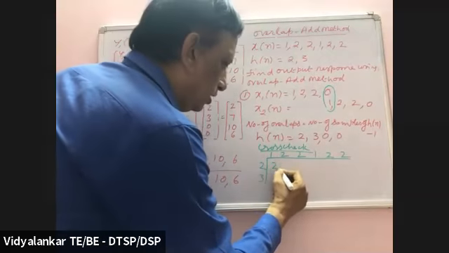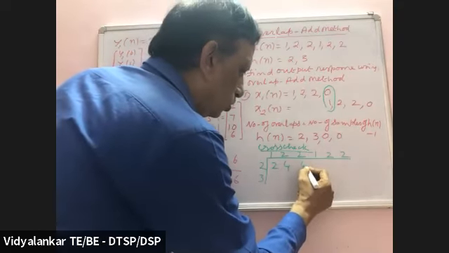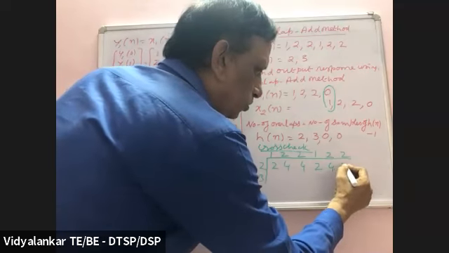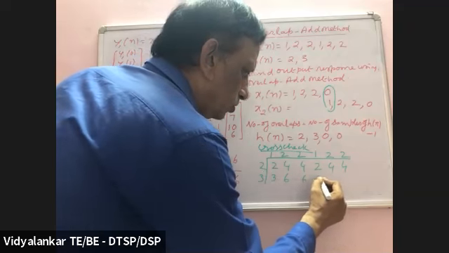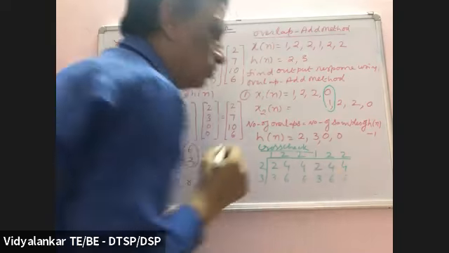Now 2 into 1, 2 into 2, 2 into 2, 2 into 1, 2 into 2, then 3 into 1, 3 into 2, 3 into 2, 3 into 1, 3 into 2.